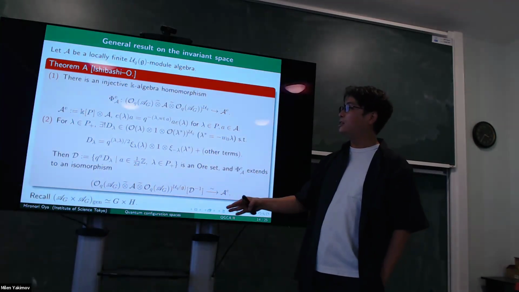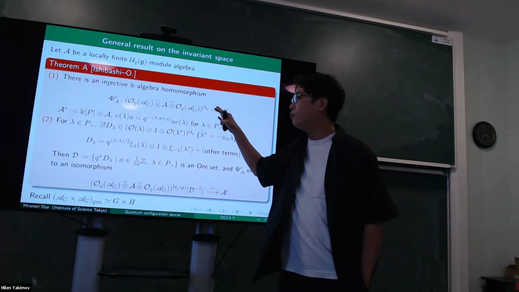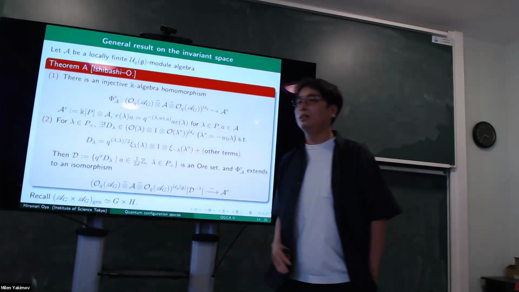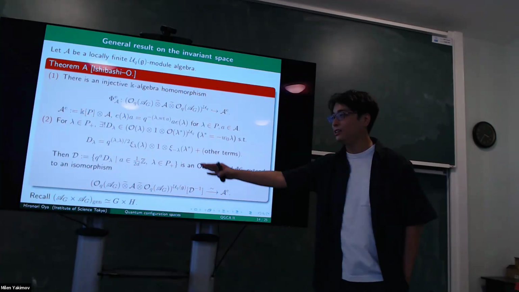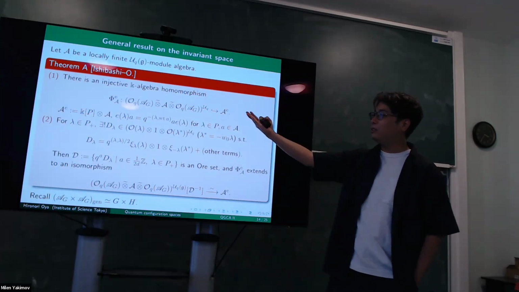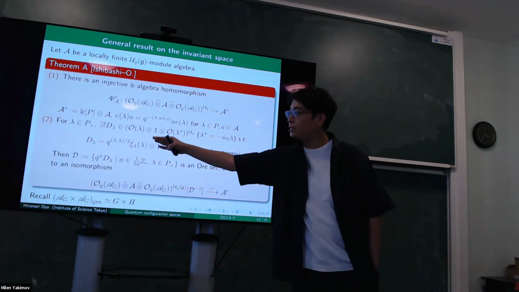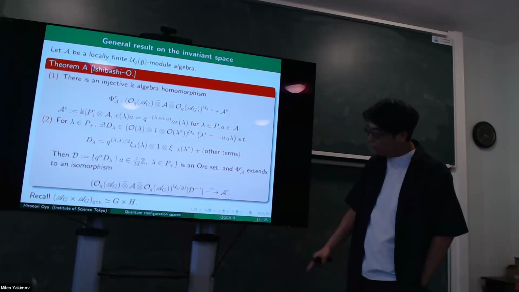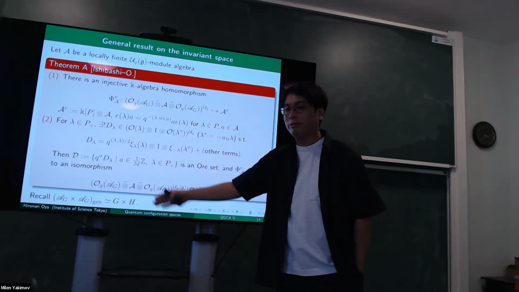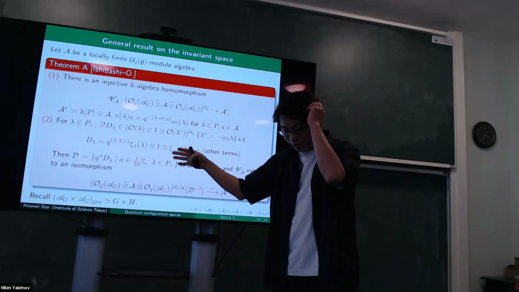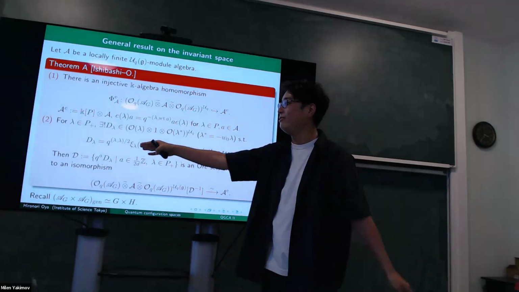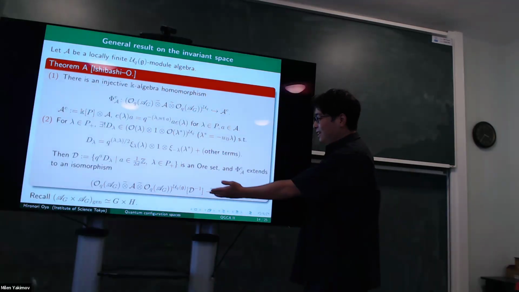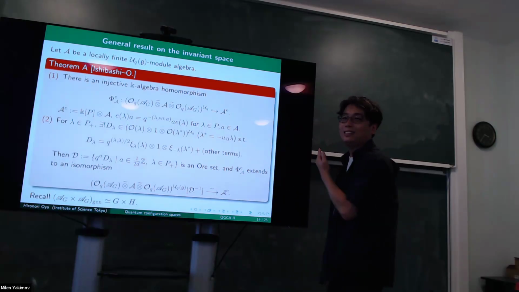So we can localize this algebra by this multiplicatively closed set, and then it is isomorphic to this set.